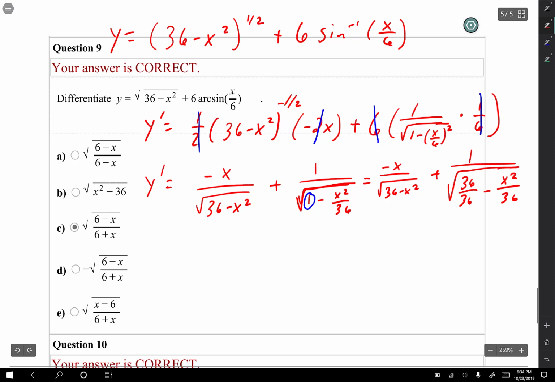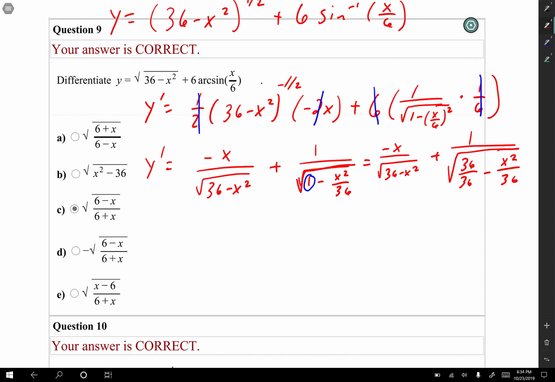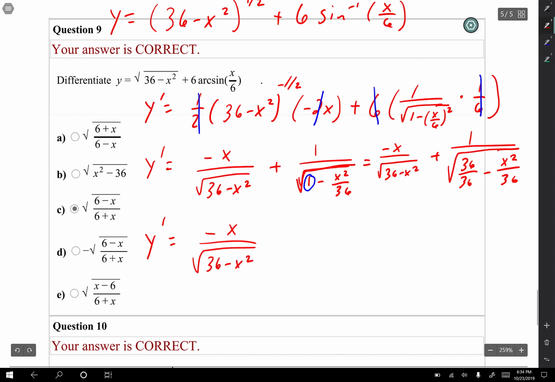So now, okay, now what we're going to do, I have a feeling I messed up somewhere. Nope, let's keep going. So now y prime equals, so I have negative x over square root 36 minus x squared plus 1 over square root 36 minus x squared over 36.